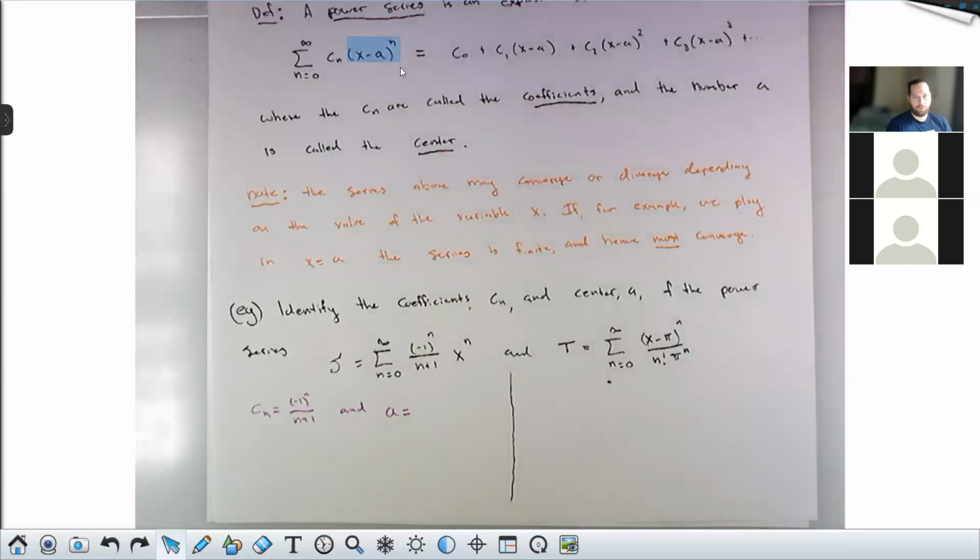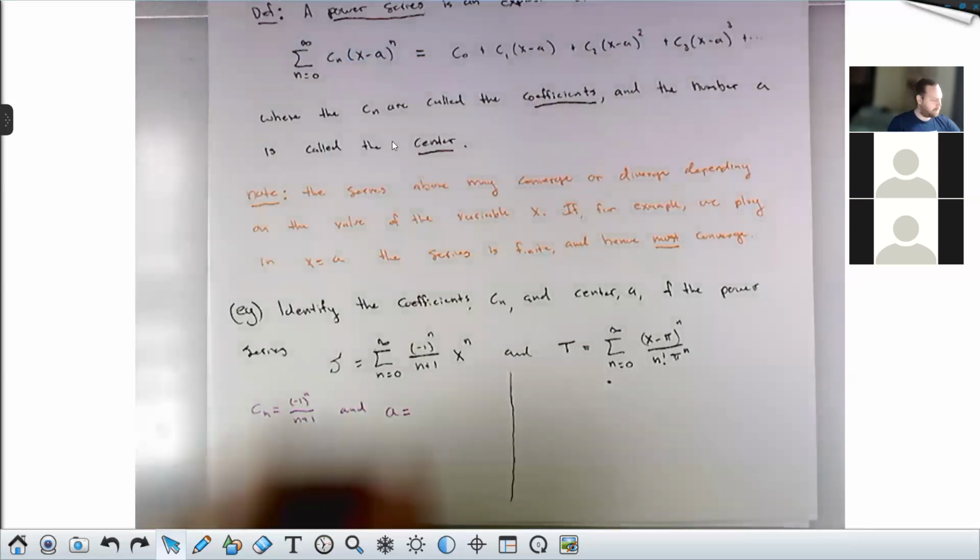What value of a will make x minus a to the n the same as x to the n? Don't overthink it. 0. Damn right.